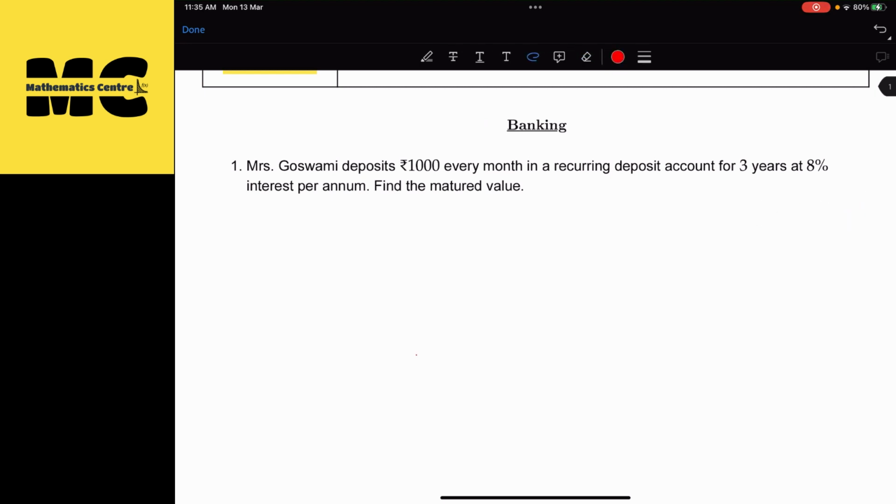Now what is the given information? Here P equals the principal. Now what is the principal? Here the principal means the amount you have paid each month. Mrs. Goswami deposits 1000 rupees every month, so we will write here 1000 rupees per month.